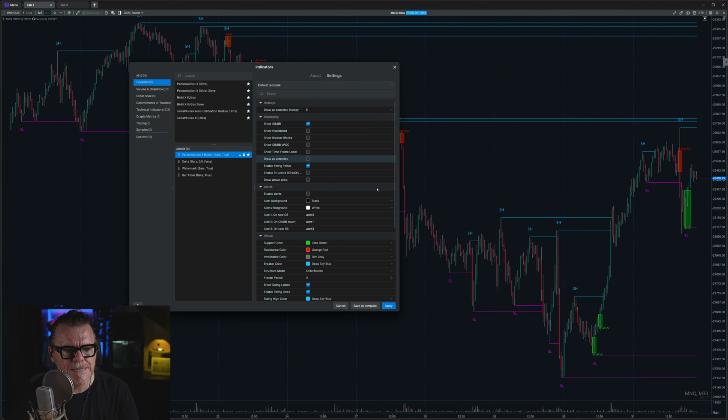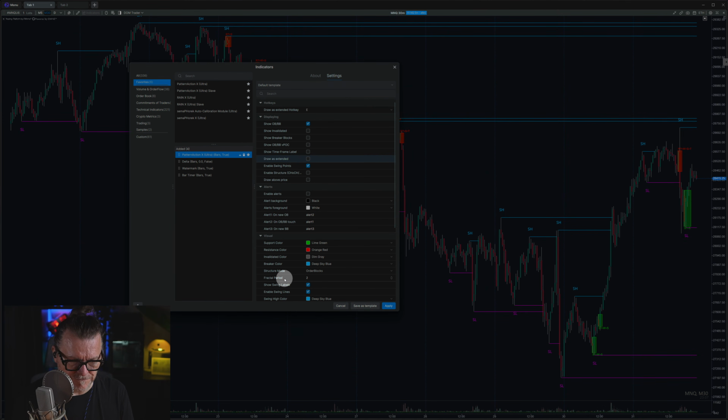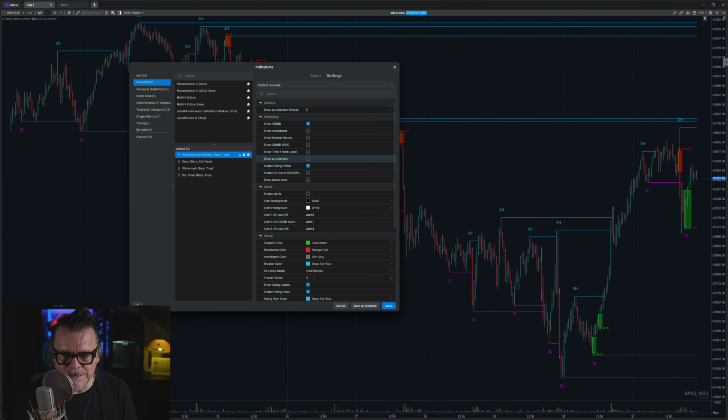Look at that. Other indicators identify and display order blocks and breaker blocks based on a so-called period value. I wasn't able to display the swing highs and swing lows without this parameter.